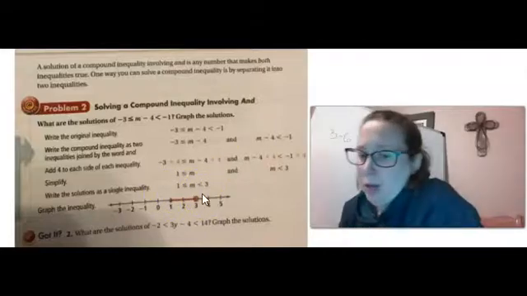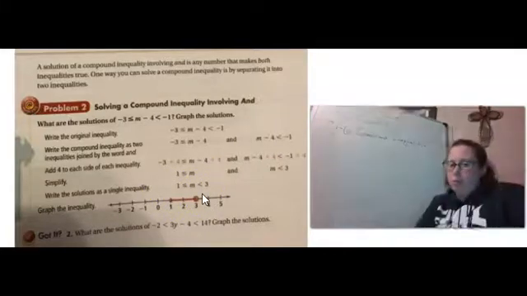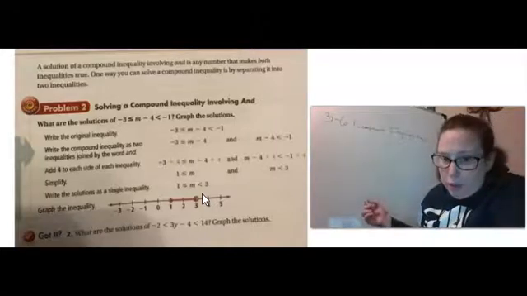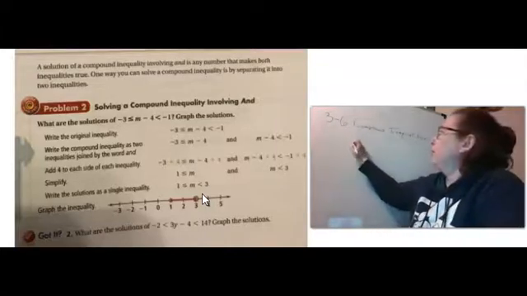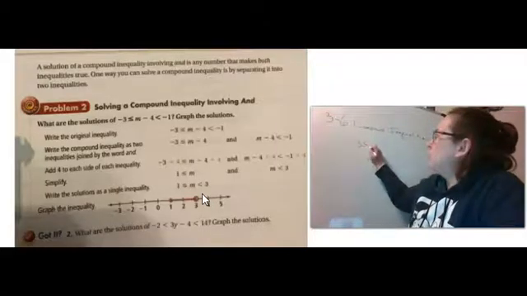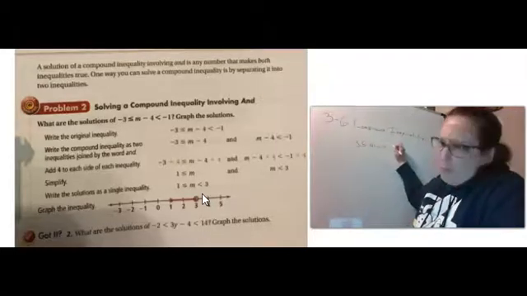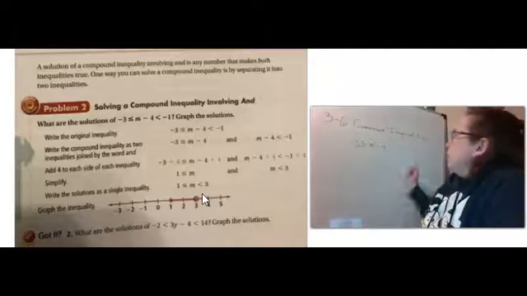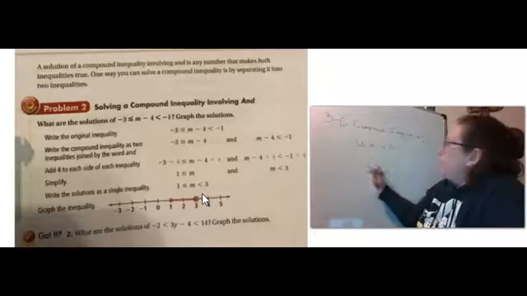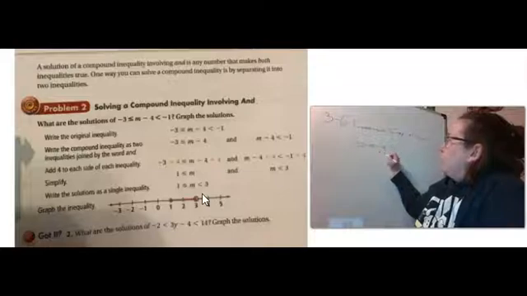Let me show you how to not split it and go ahead and solve it. So if we have -3 is less than or equal to m minus 4 is less than -1, we can actually just keep this compound inequality together and go ahead and add 4.